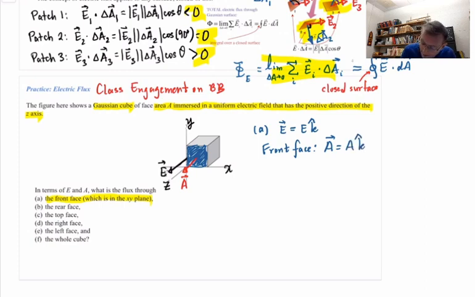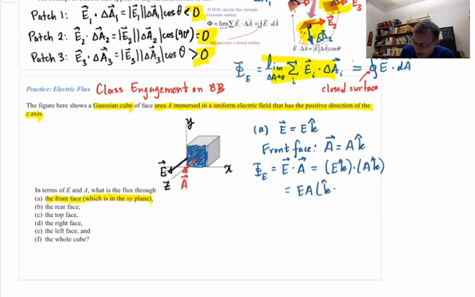Then the electric flux through that front face, phi sub E, since it's a uniform electric field and a flat surface, you can just do E dot A. So that's E times k hat dot A times k hat, which is E times A times k hat dot k hat.